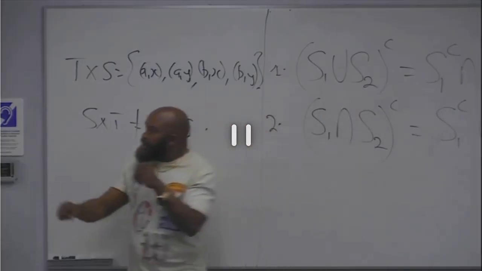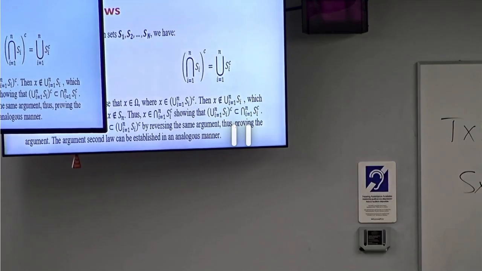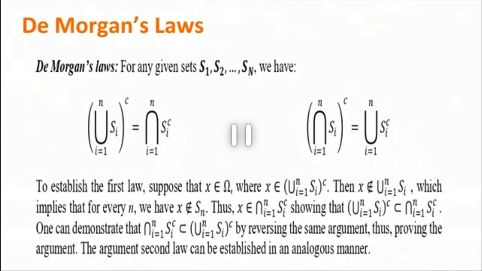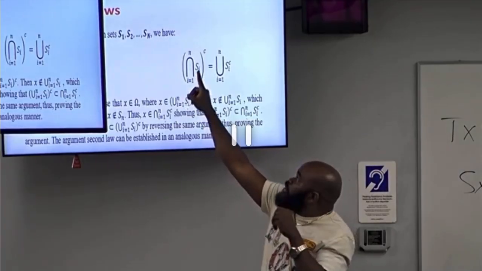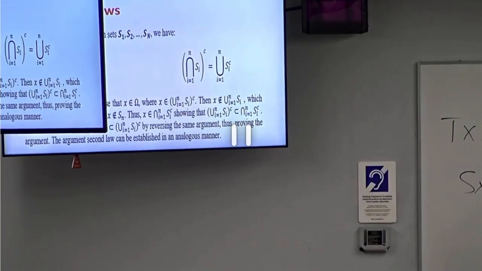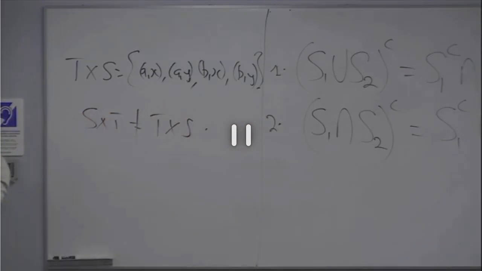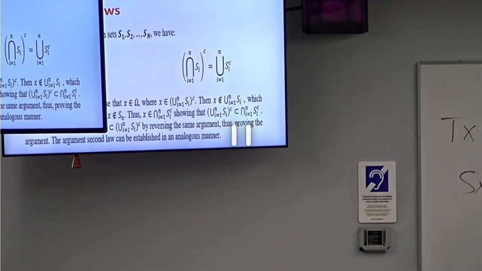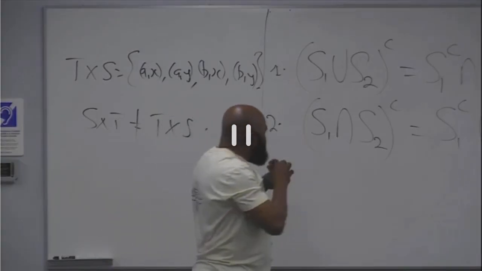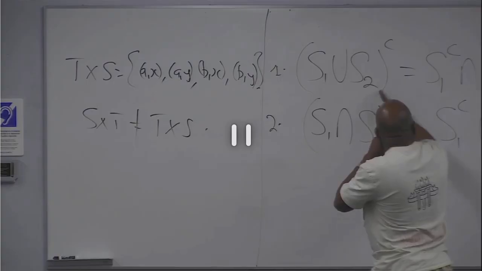The complement of all the intersection is a generalization of this guy. Now, let's take a look at this. The union of this guy equals that.